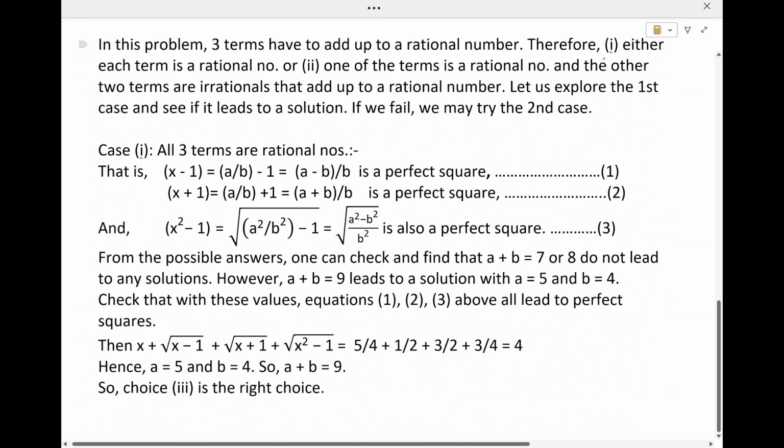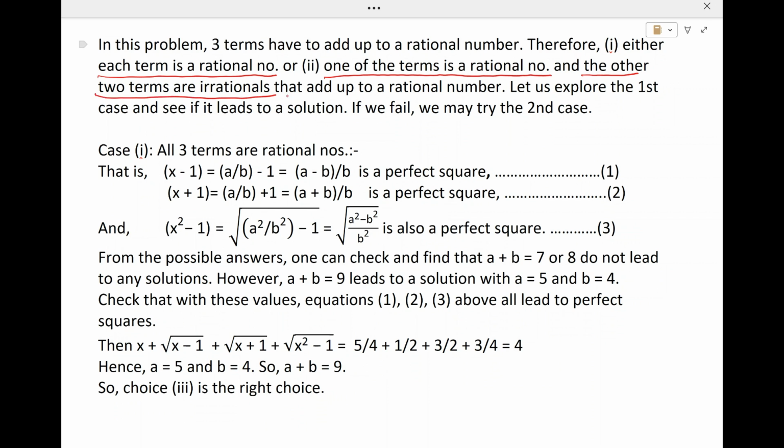Therefore, either each term is a rational number or one of the terms is a rational number and the other two are irrationals that add up to a rational number. Let us explore the first case and see if it leads to a solution. If we fail, we may try the second case.